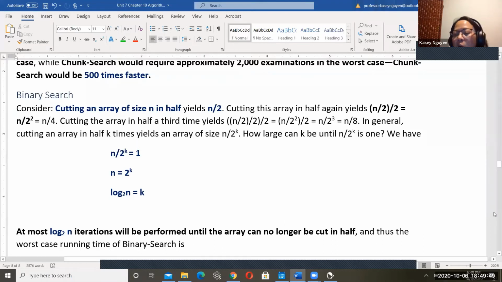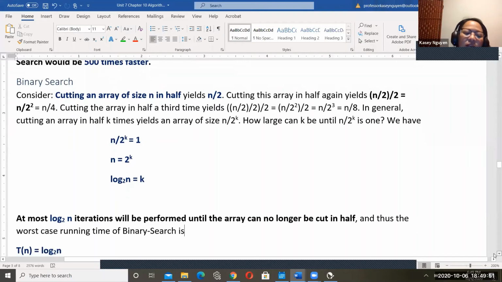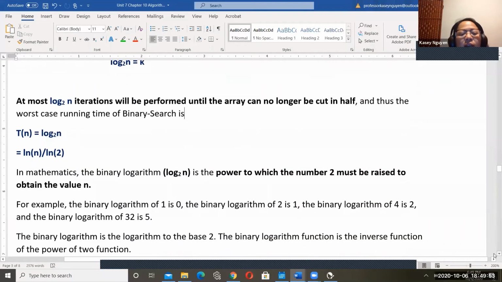That would be the worst case scenario. To calculate this, we can also say it's the natural log of n divided by the natural log of 2, or you can punch in log 2 of n in the calculator and it will give you the output as well.